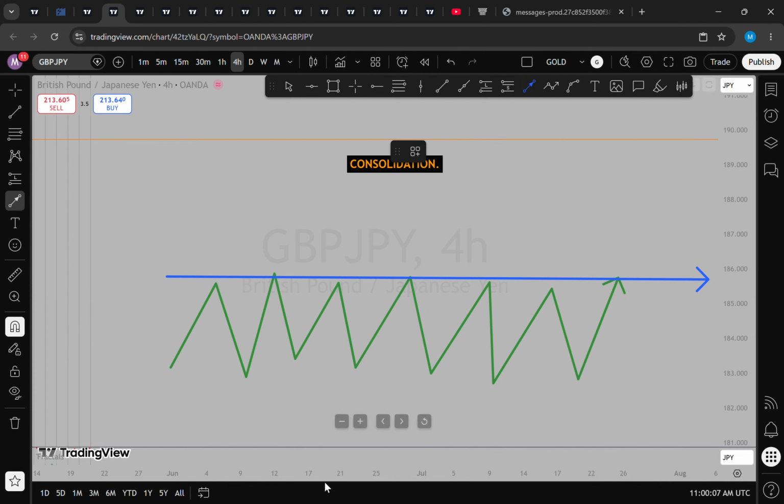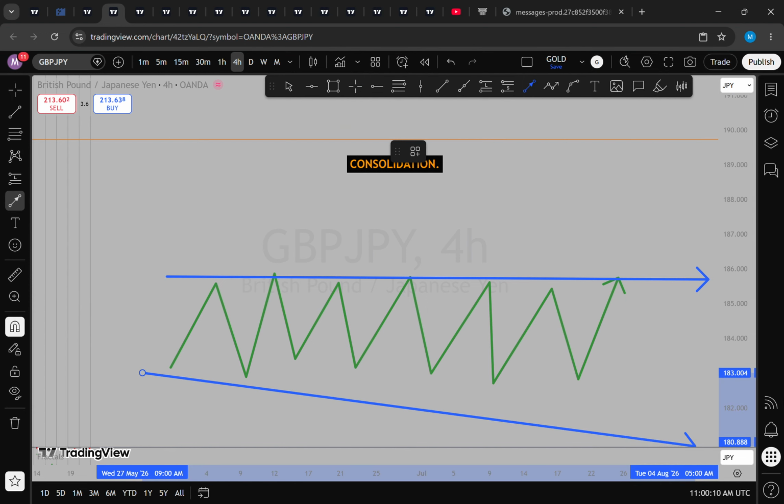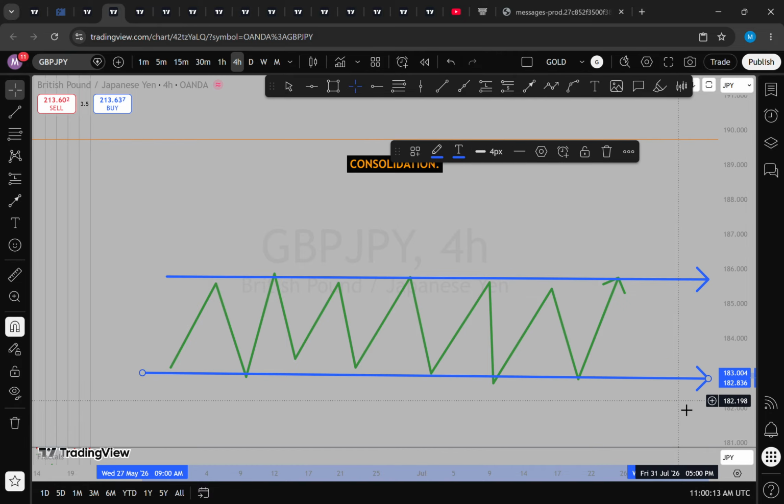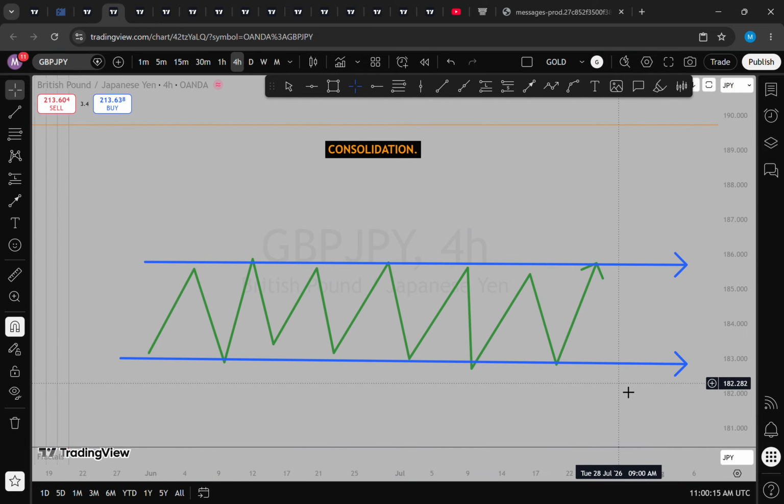When you see a market like this, as a beginner, just avoid it. You have a series of highs and a series of lows.